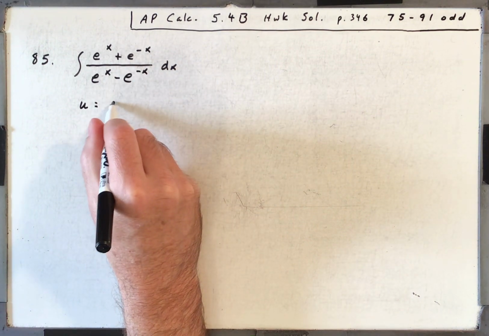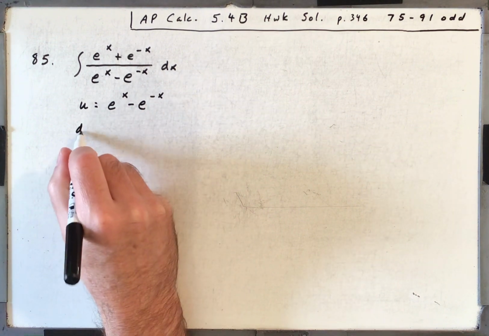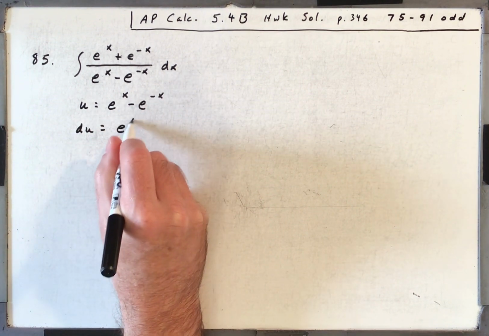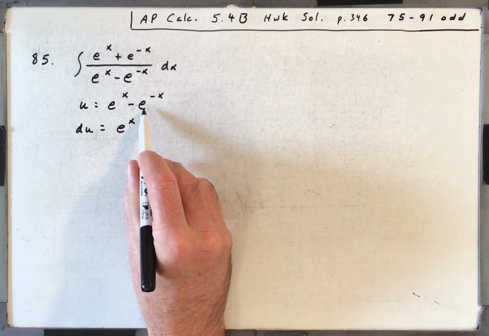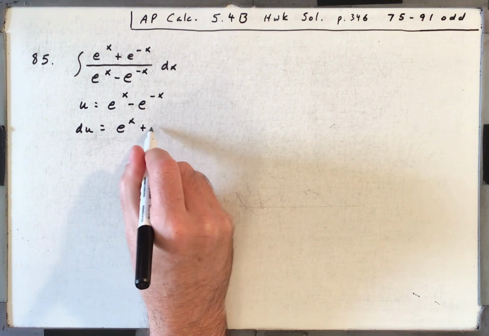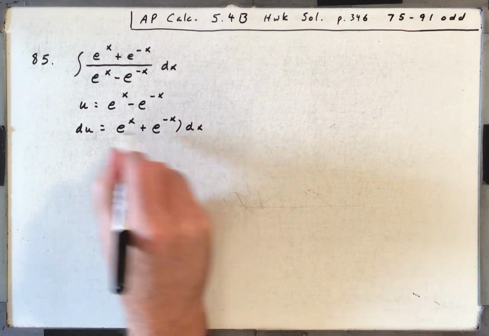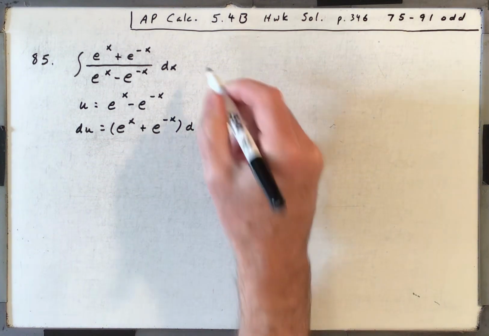So if we let u be e to the x minus e to the minus x, derivative of that's going to be e to the x, and then minus e to the minus x, but two minuses makes a plus. And goodness, that's exactly what we have on top.